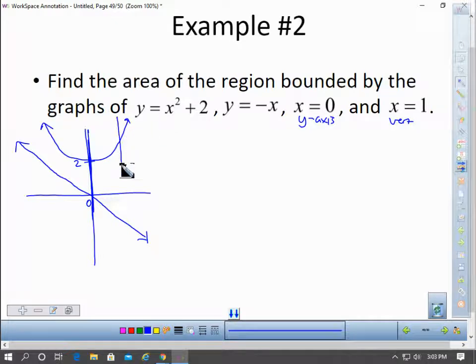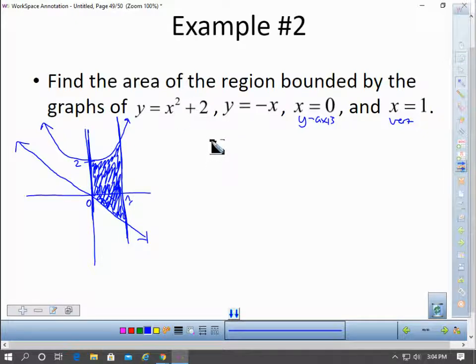So then I've got a vertical line here at 1. So I want the area enclosed by all 4 of those things: enclosed by the parabola, the diagonal line, the y-axis, and this vertical line at x equals 1. So I want this area in here, all of this little area right here.